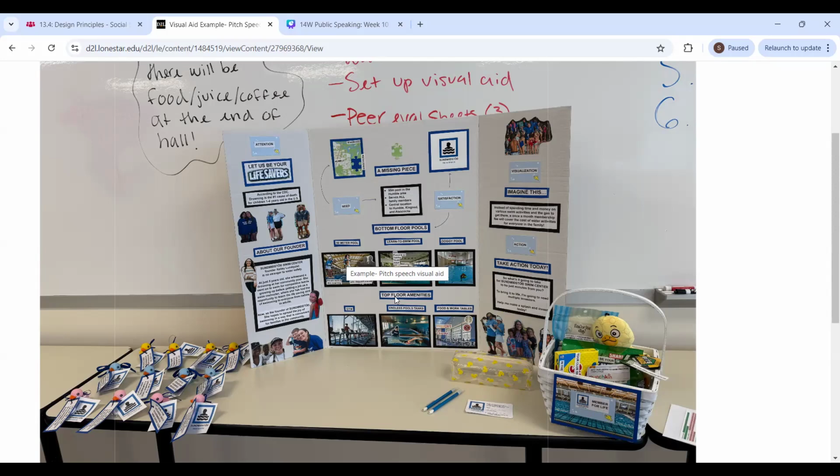So this was her business idea. She had these rubber duckies with stickers of the logo and the name of her business, a little message about what it was, and a little lifesaver on it too.